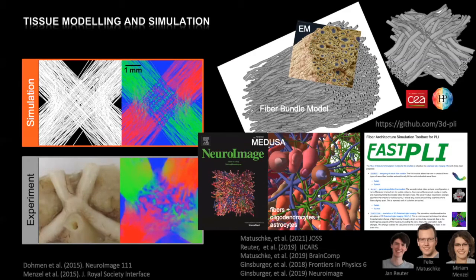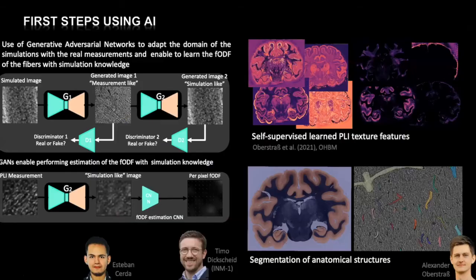So this is a very nice fundamental tool to bring together the measurement answer to the same kind of fiber structures or tissue structures. So that's a lot of fun, and we got support from the Human Brain Project for this kind of research.